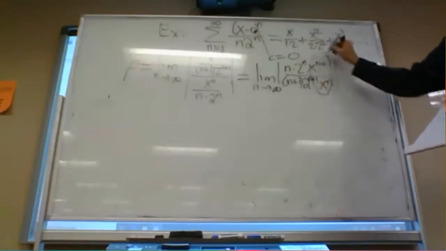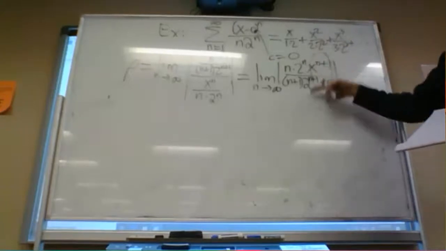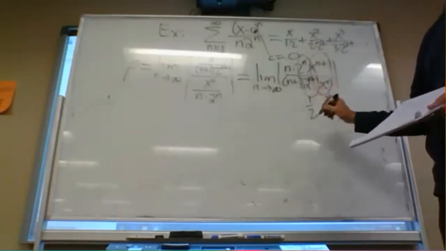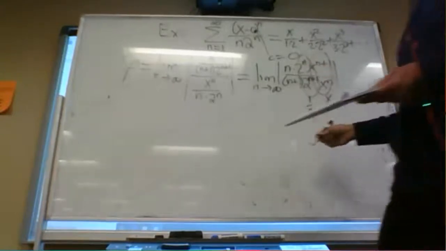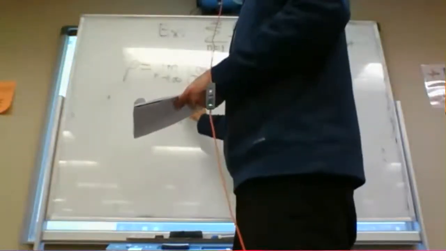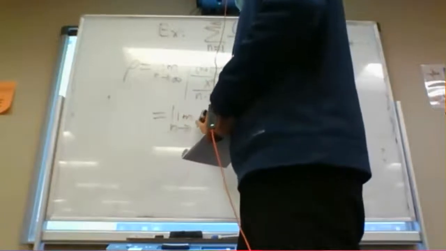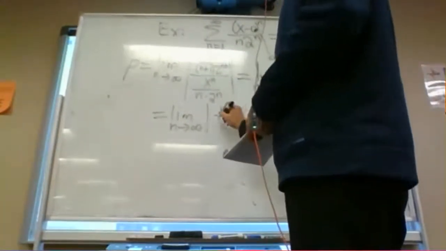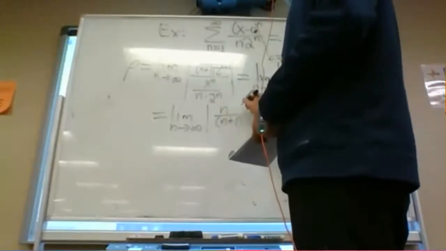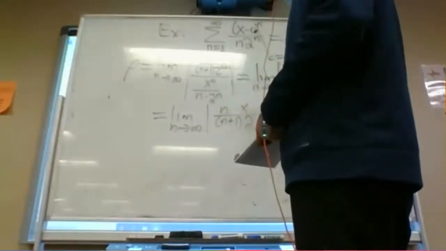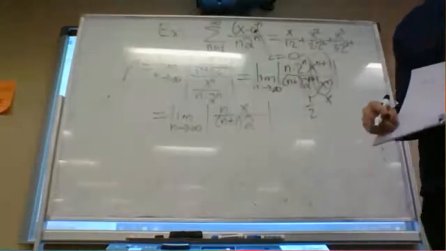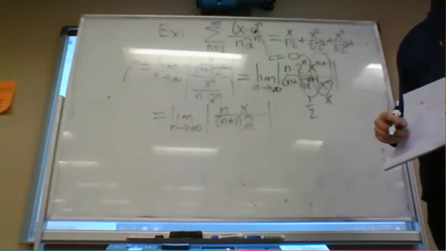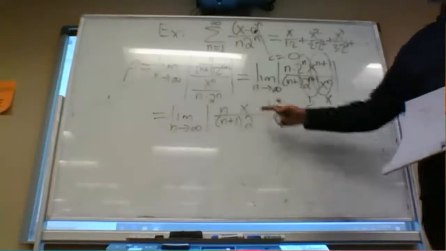And what we'll get is this: x to the n plus 1 over x to the n just leaves x. 2 to the n over 2 to the n plus 1 is just 1/2. And then we've got the n over n plus 1 left. So this is the limit as n goes to infinity of the absolute value of n over n plus 1 times x over 2.